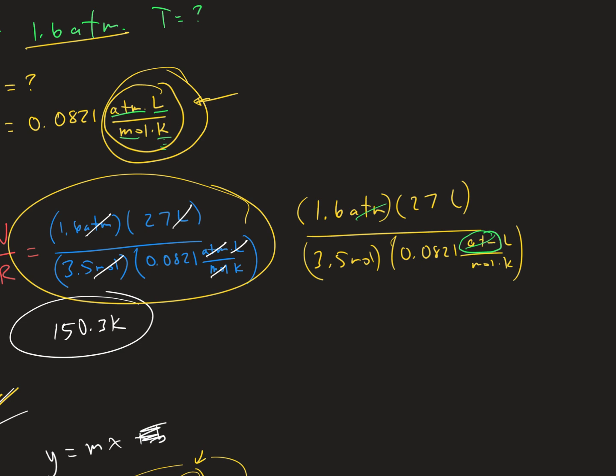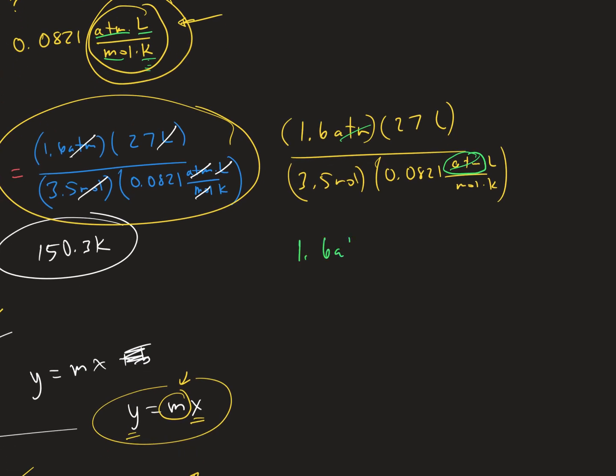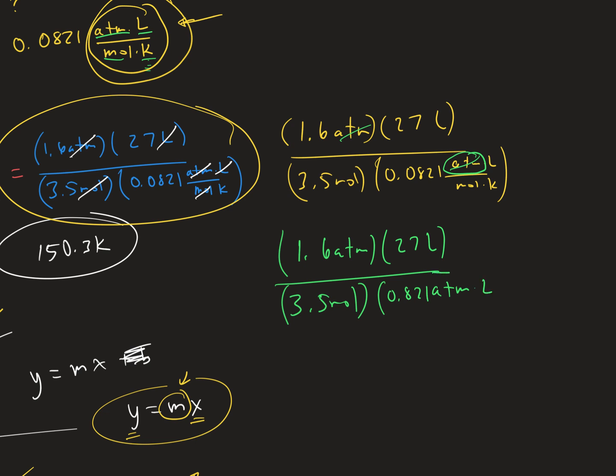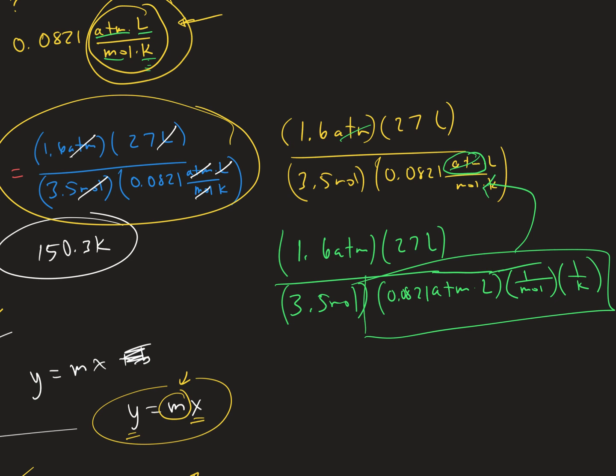Let me rewrite it another way. 1.6 ATM times 27 liters divided by 3.5 moles, 0.0821 ATM liters, and then 1 over moles and 1 over Kelvin. Do you see if we just focus on this part right here, we get that?